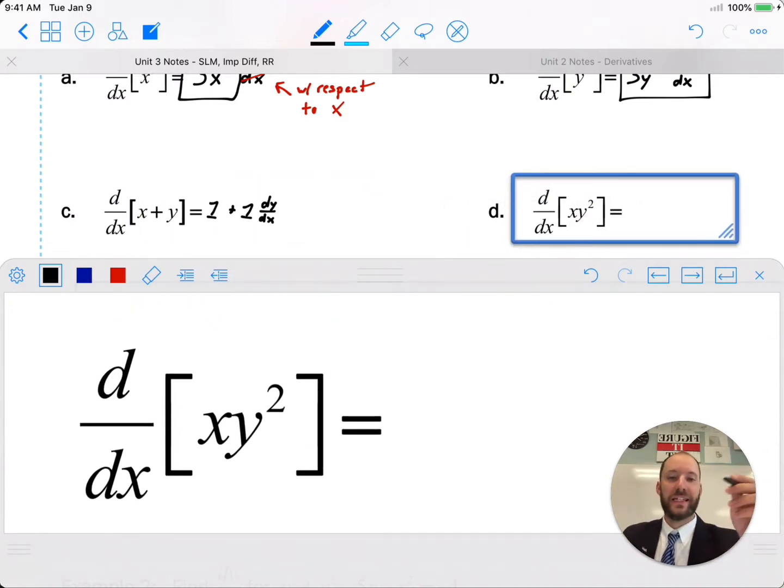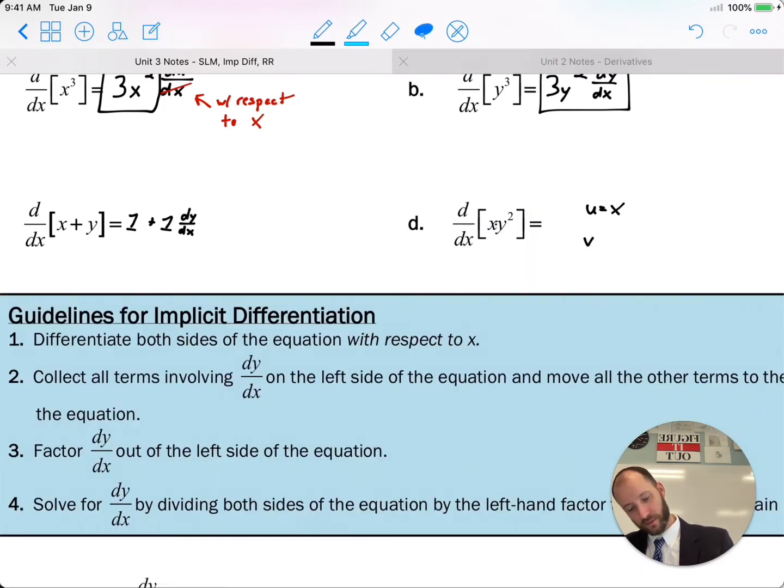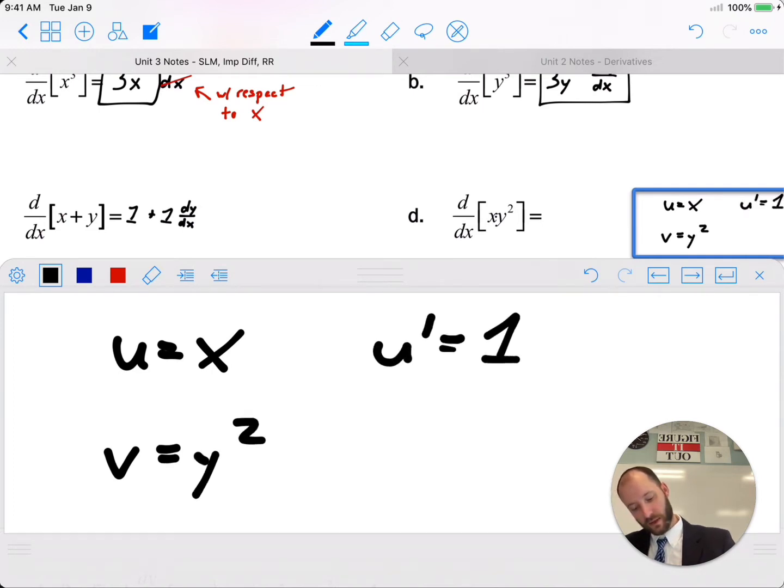Example D, d/dx of x y squared, and this is the product rule, x times y squared. So if you need to, set it up over to the right real quick. v is y squared, so u prime is 1. v prime would be 2y dy/dx.